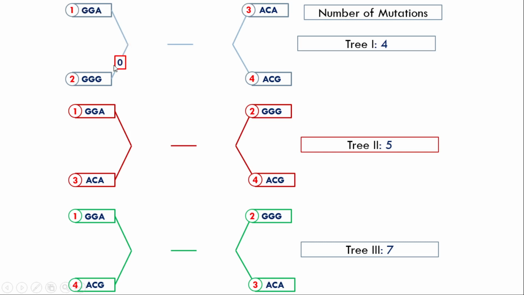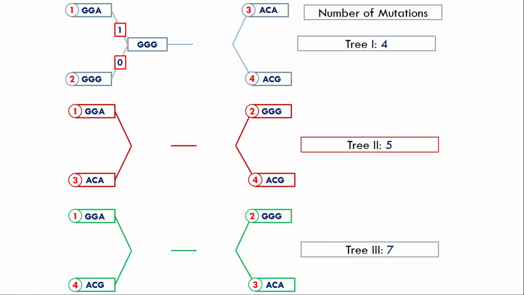So I can write that with this parent ancestor there is no mutation, so it is triple G, and in sequence number 1 there was one mutation.